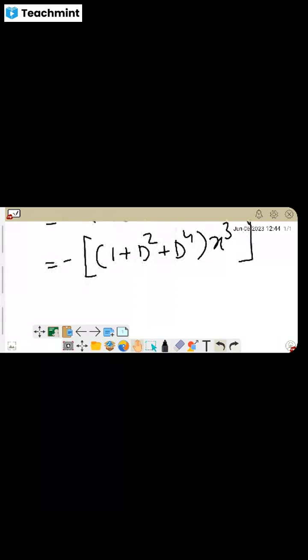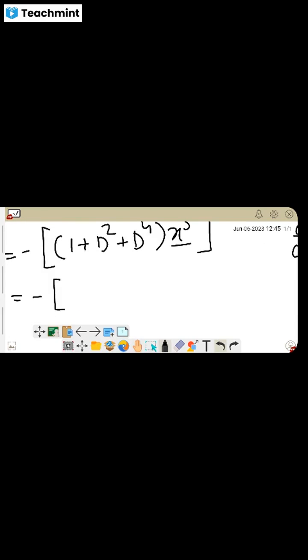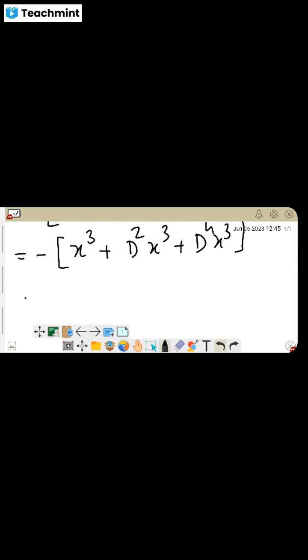Ma'am, how does it become zero after this? I'm telling you, d upon dx is d. So just multiply this x cube with 1, d square into x cube, plus d4 into x cube. I'm telling you how it can become 0.